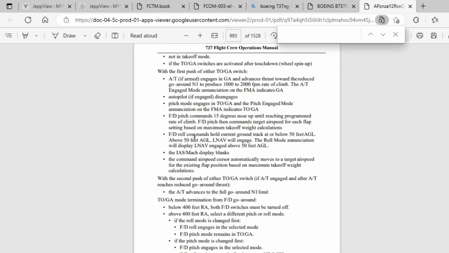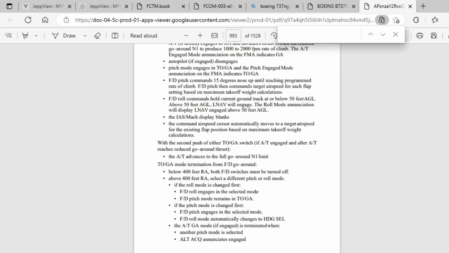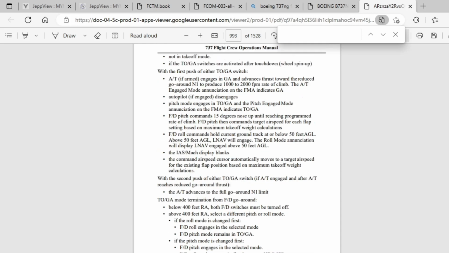And then flight director roll commands will hold the current ground track at or below 50 feet above ground level, or AGL. Above 50 feet AGL, LNAV will engage if it was armed. If it wasn't engaged, then we would select the roll mode, LNAV, or heading select.